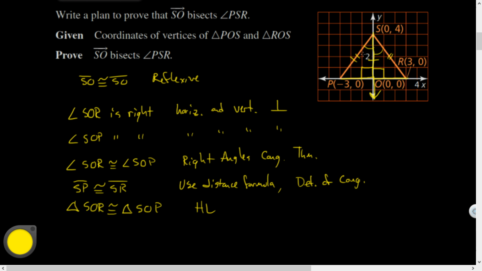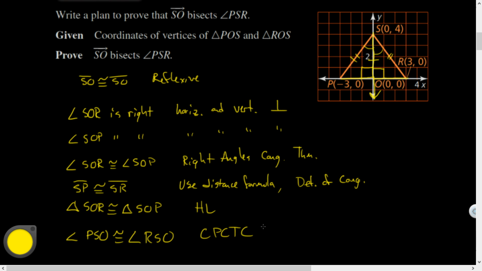And if those are congruent, now I could prove that angle PSO is congruent to which angle? RSO. Now I proved the triangles congruent. Those angles are congruent by CPCTC.